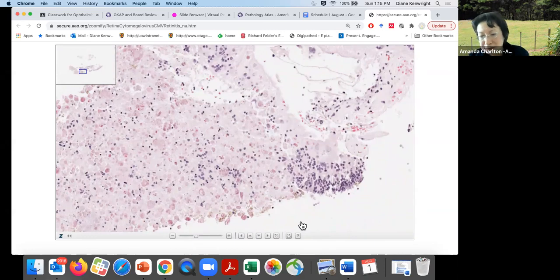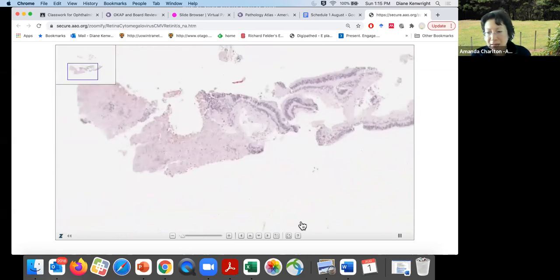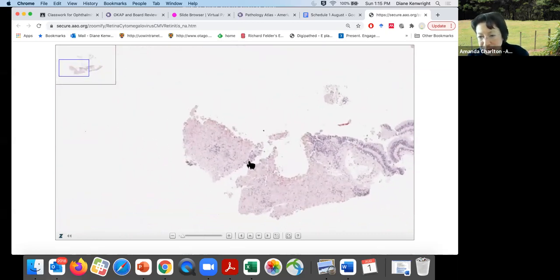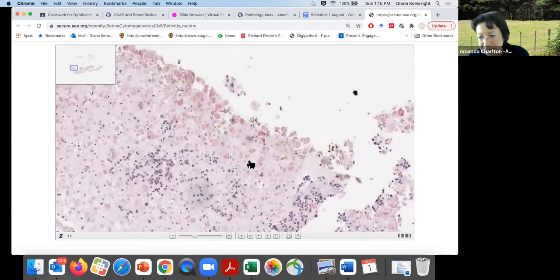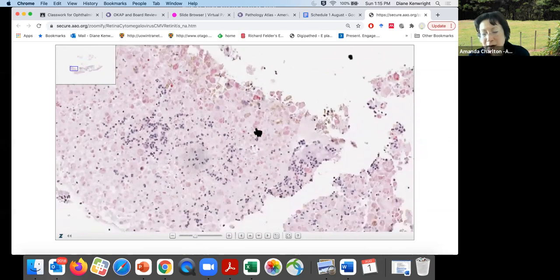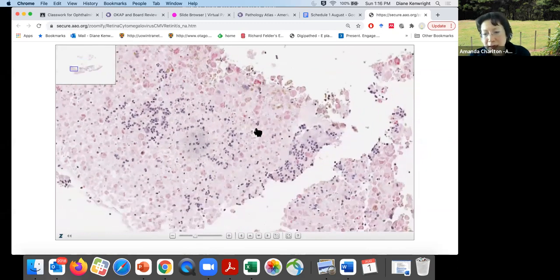So there's a destructive necrotic retinitis happening. All that pink area over to the left has been destroyed, and that's what's been removed. And I know I saw some material that looked like viral nuclear cytopathic effect.